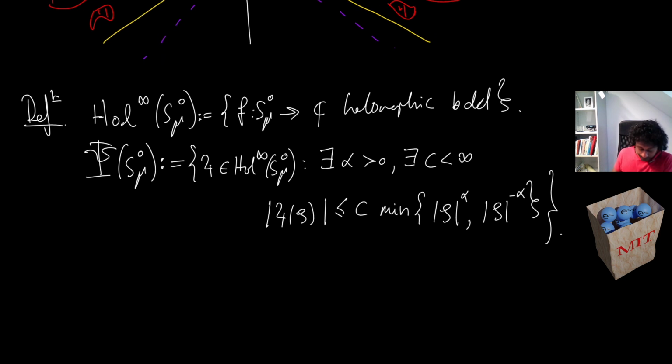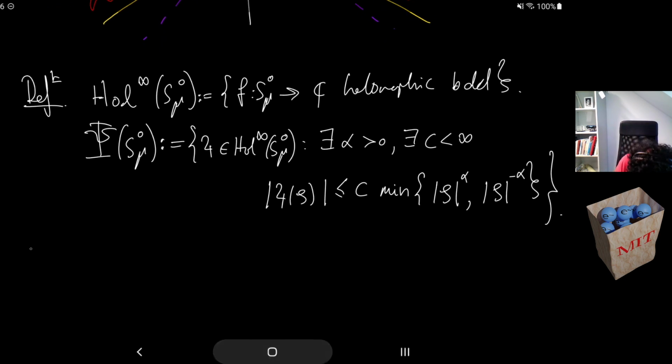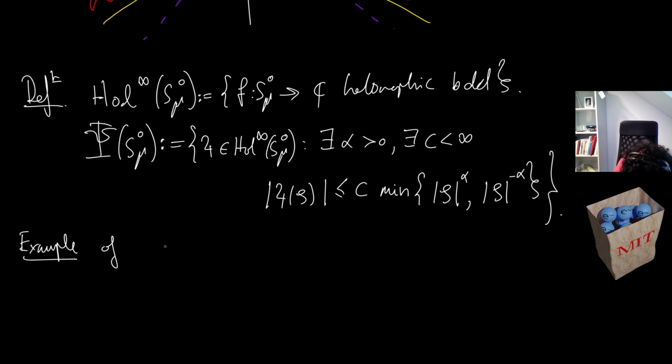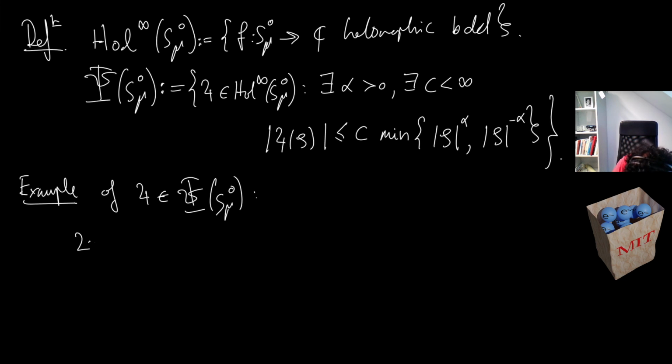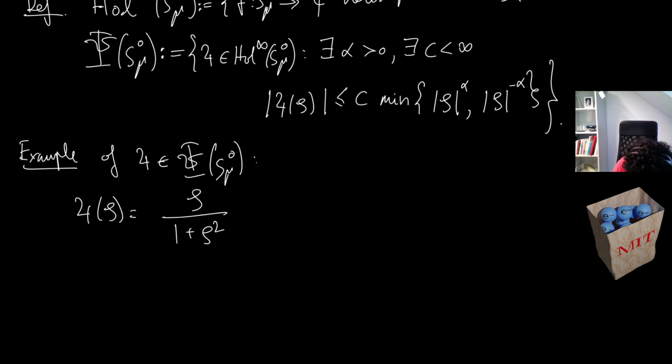So, well, an example of a psi class function, psi in capital psi of S mu naught: psi of zeta equals zeta over 1 plus zeta squared. Well, maybe I'll just give functions.